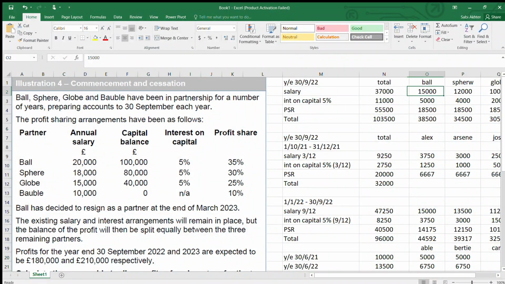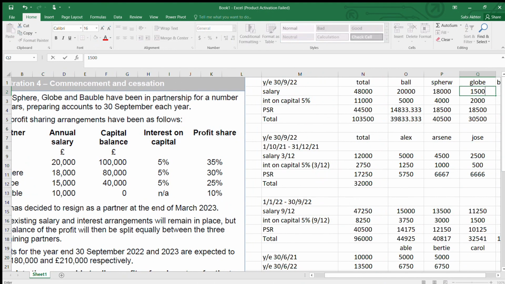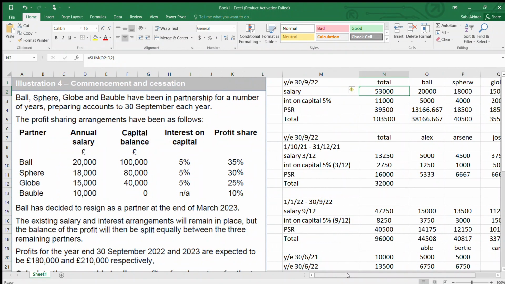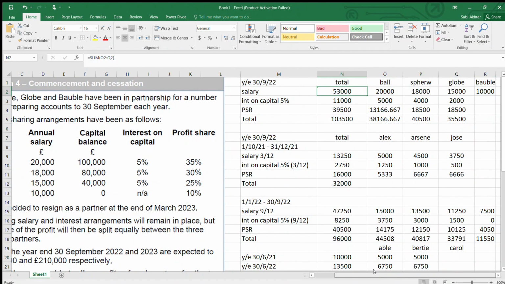Salary: 20,000, 18,000, 15,000, and 10,000.